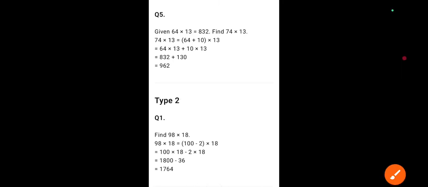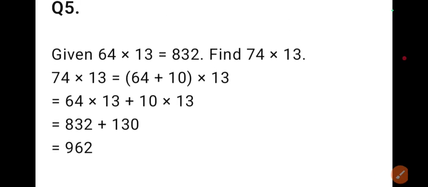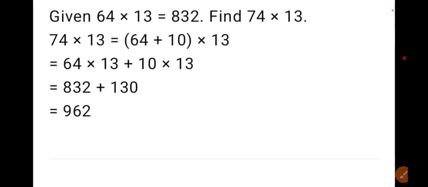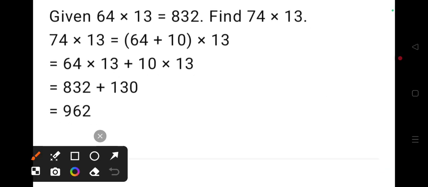Now let's take one more example. It is given here that 64 into 13 equals 832, and using this you need to find out 74 into 13, right? So how can we write 74 in terms of 64? We can write it as 64 plus 10, right?